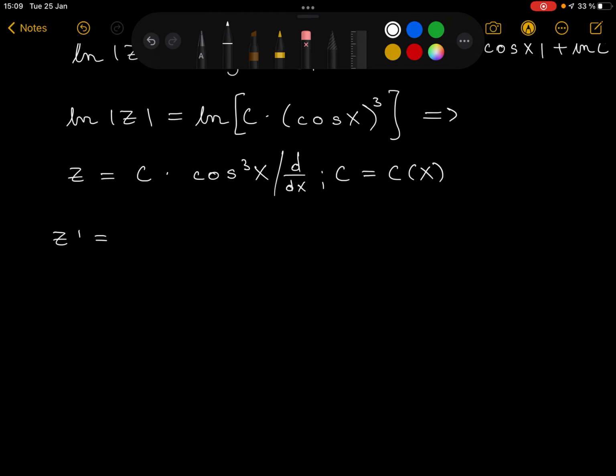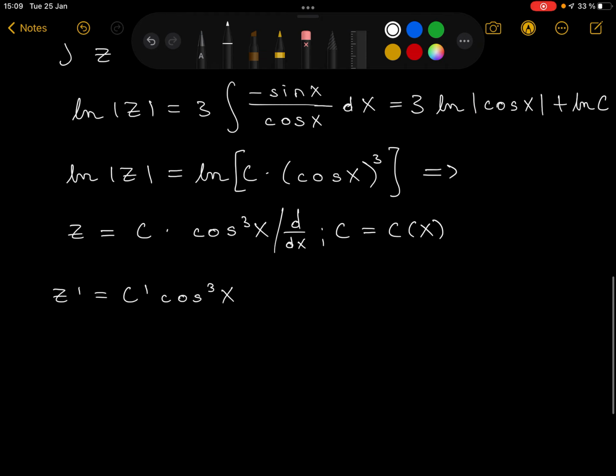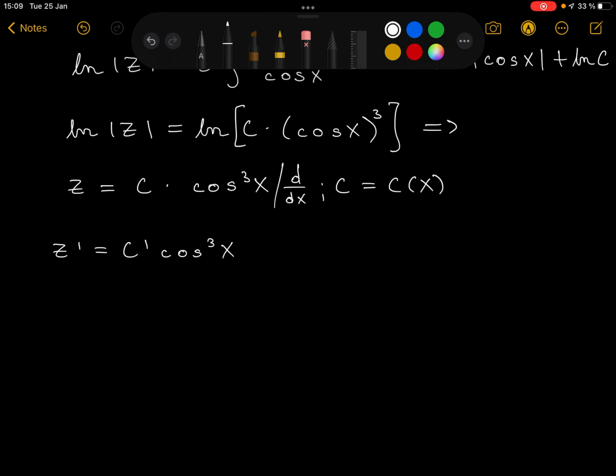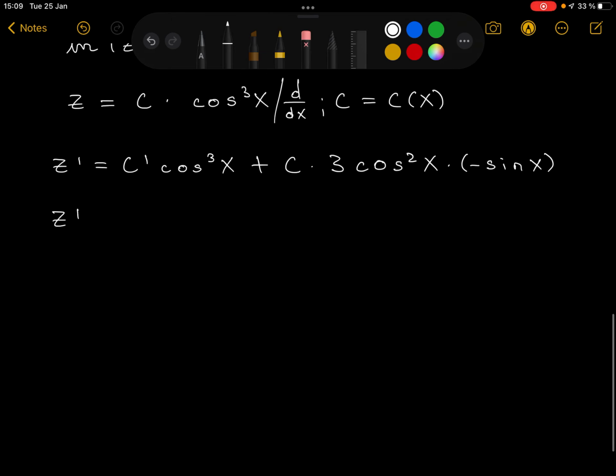And then I'll get that z prime is equal to c prime times cosine of x to the third power, plus c times 3 cosine squared x times negative sine of x.